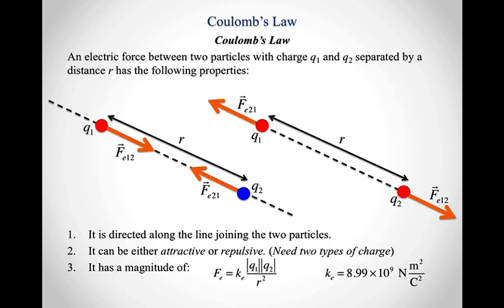Ke is known as Coulomb's constant, and it has a value of 8.99 times 10 to the 9th. And again, in SI units, one choice we have is to use units of Newton meter squared per Coulomb squared. Okay? So there's a lot of similarity between the universal law of gravitation and Coulomb's law.